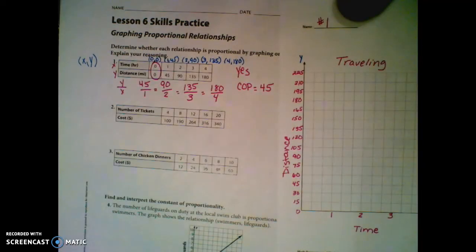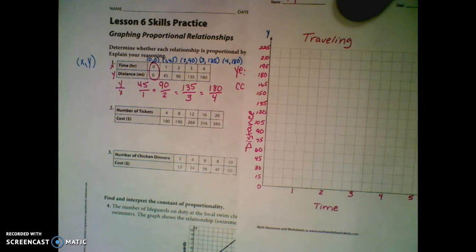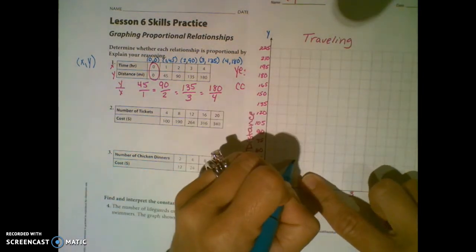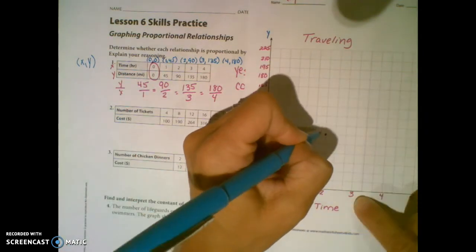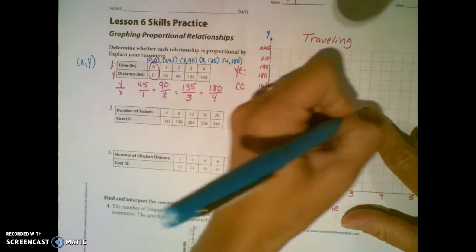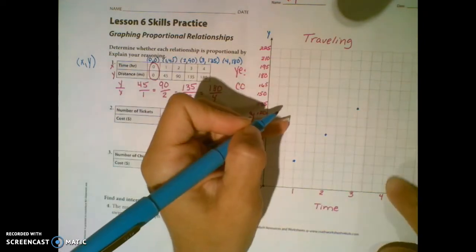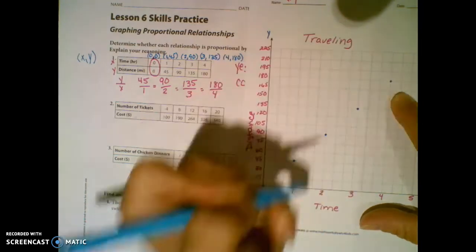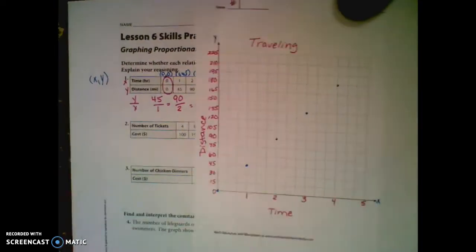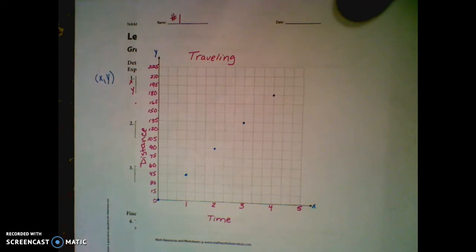Okay, so those are my values. I'm going to graph them. (0, 0), (1, 45), (2, 90), (3, 135), (4, 180), okay?